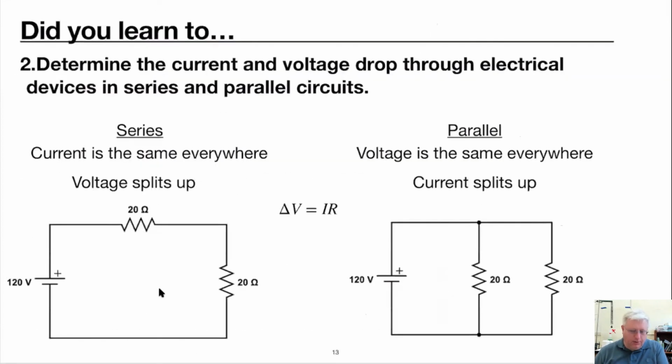And then we learned to determine the current and voltage drop through electrical devices in series and parallel circuits. Some important things to keep in mind: in series, the current's the same everywhere, but the voltage splits up. Okay, one pathway. Whereas with parallel, there are multiple pathways. Voltage is the same everywhere, and current splits up.